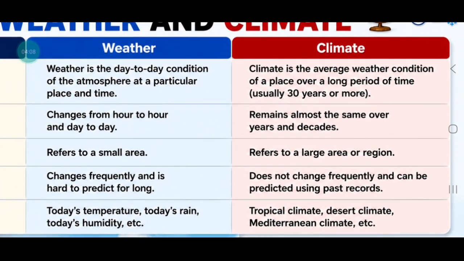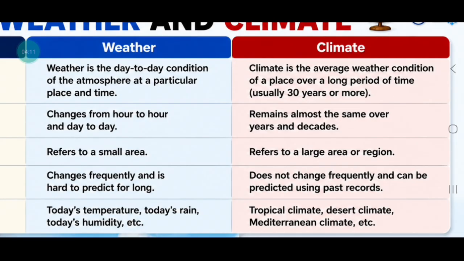And climate is also an atmospheric condition. But what kind of atmospheric condition? Climate is the average weather condition of a place over a long period of at least 30 years. It is the sum total of all the weather conditions in those areas which prevail for a longer duration of time, at least 30 years.